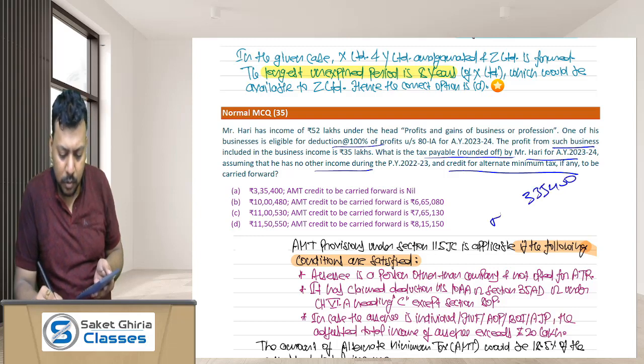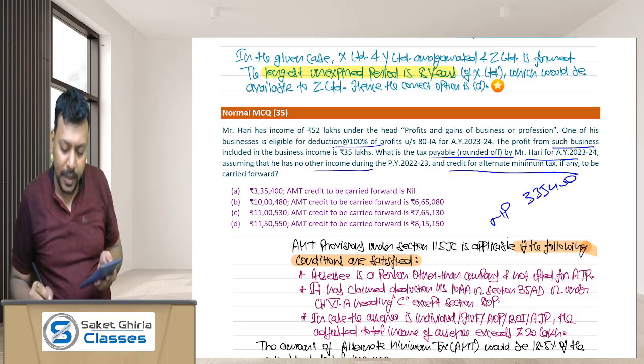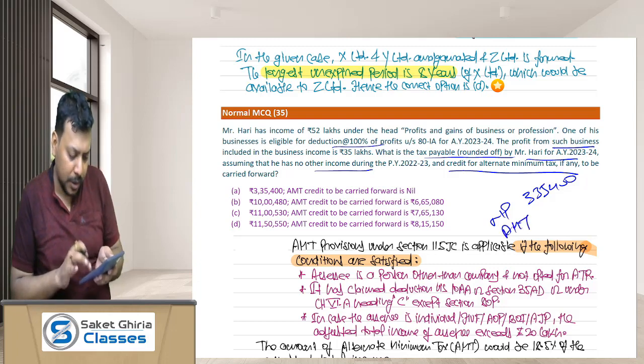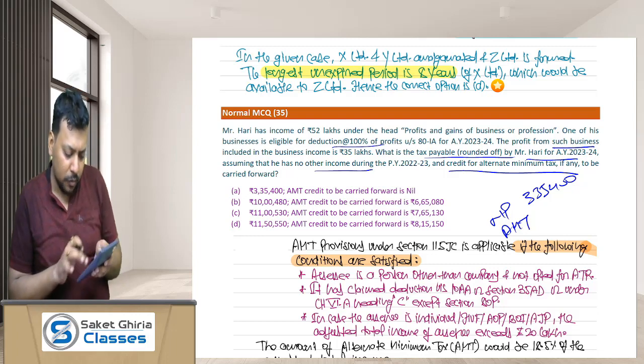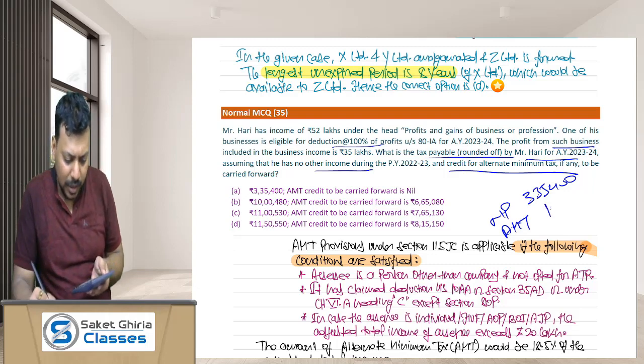Means as per normal provisions 3,35,400, but as per AMT, sir, adjusted total income is 52 lakh. So 52 lakh into 18.5%, but sir, income is exceeding 50 lakh, so 10% surcharge, and 4% health and education cess, it is 11,00,530 rounding off.